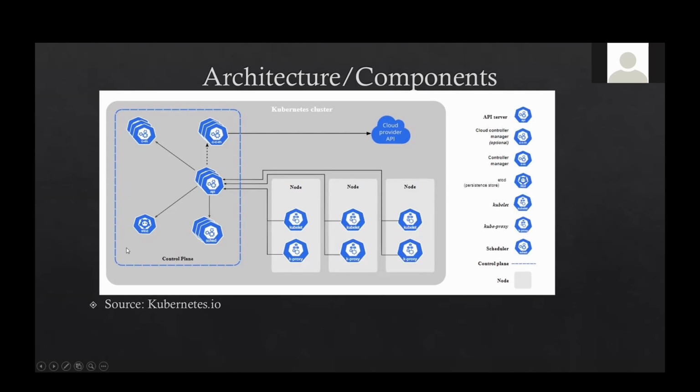Every time we talk to Kubernetes, we are actually talking to an API server, and that's really the central piece of communication. There are multiple instances of it, depending on how many nodes there are. Again, in a standard deployment, there'll be 3 nodes. That's the one that we talk to.